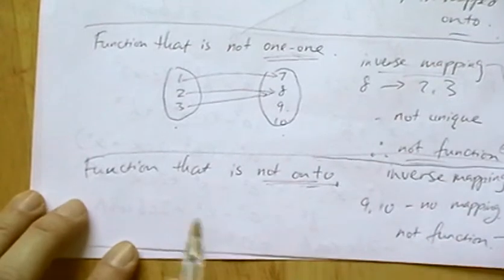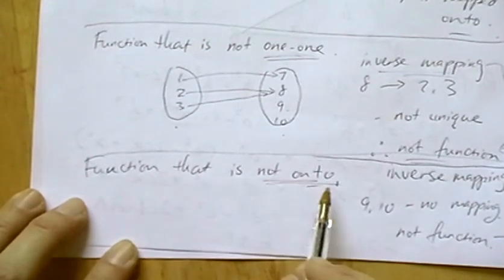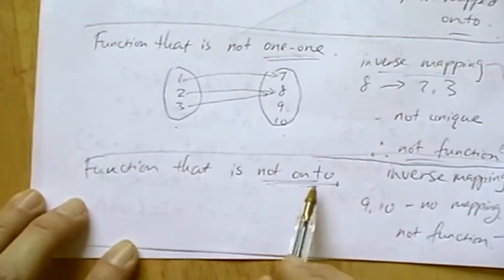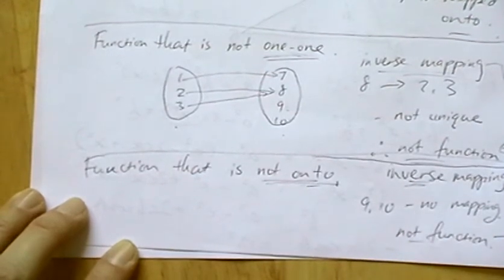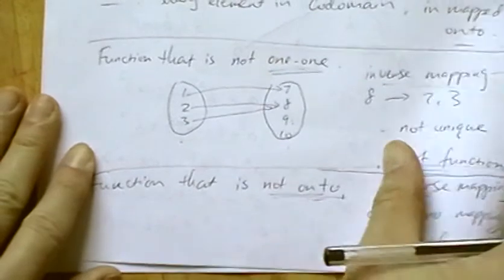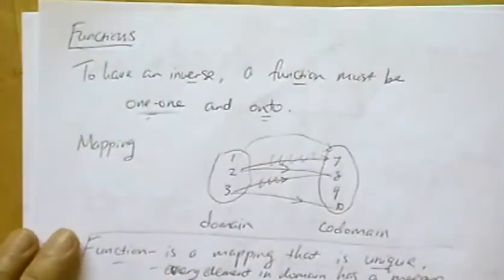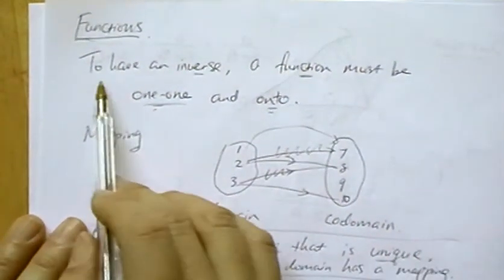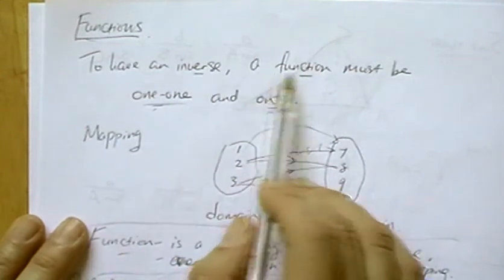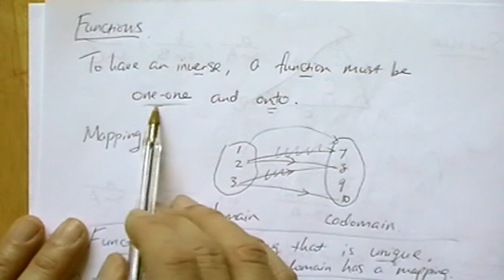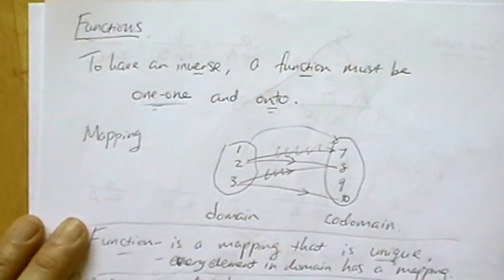So this proves that if a function is not onto, then its inverse mapping is not a function. And this completes our arguments and proves that to have an inverse function, a function must be both 1, 1 and onto.